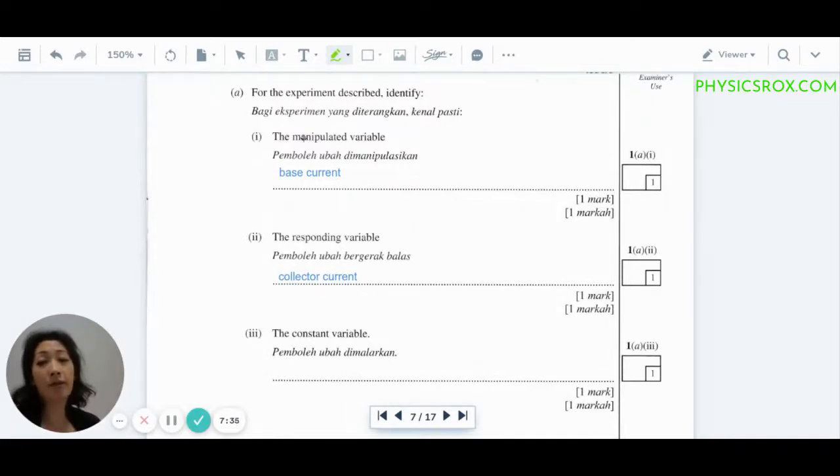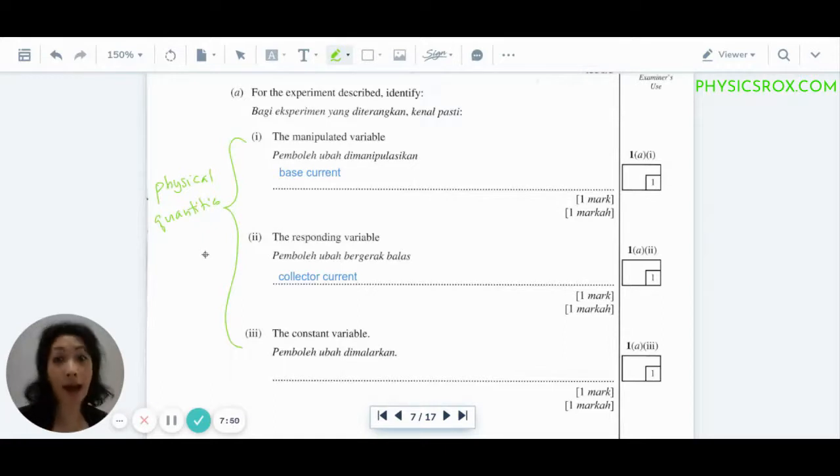When it comes to variables, whether it's manipulated, responding, or the constant variable, all these variables in physics must be physical quantities. If you have forgotten what they are, please go back and refer to Form 4 Chapter 1 to refresh what physical quantities are. All right? So you must make sure that whatever variables you write here are physical quantities.